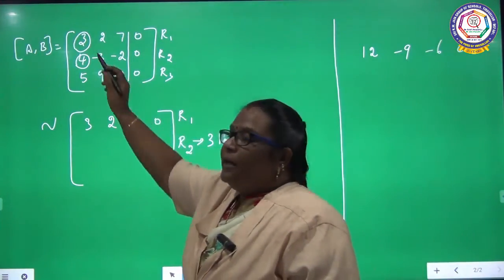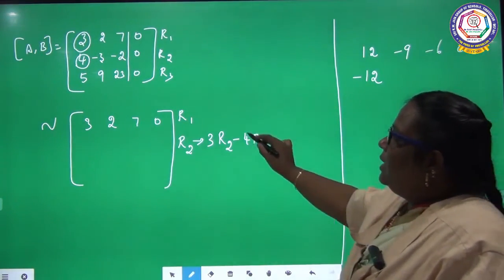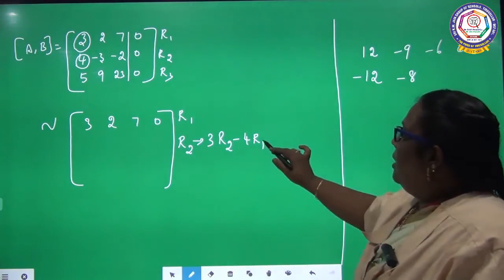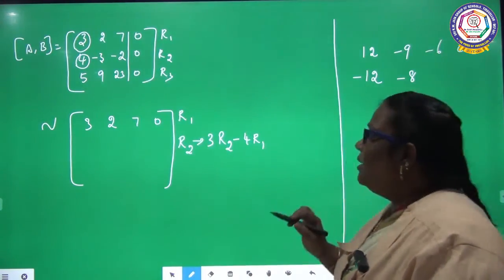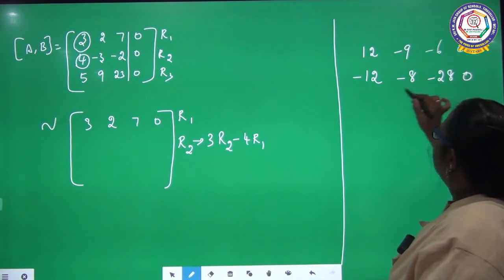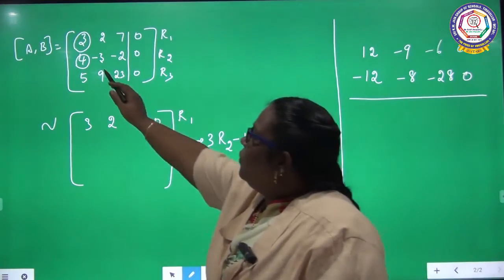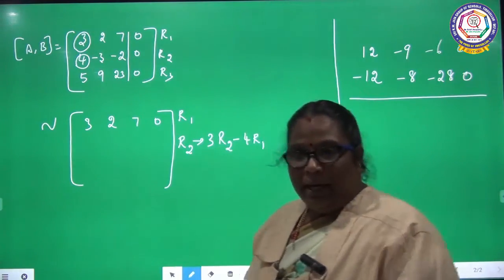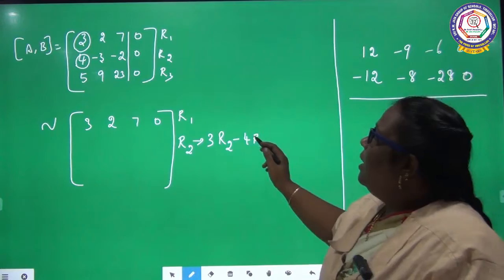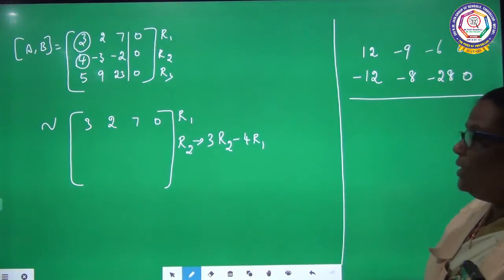Minus 4 into 3, minus 12. Minus 4 into 2, minus 8. Minus 4 into 7, minus 28. 0 into 4, 0.